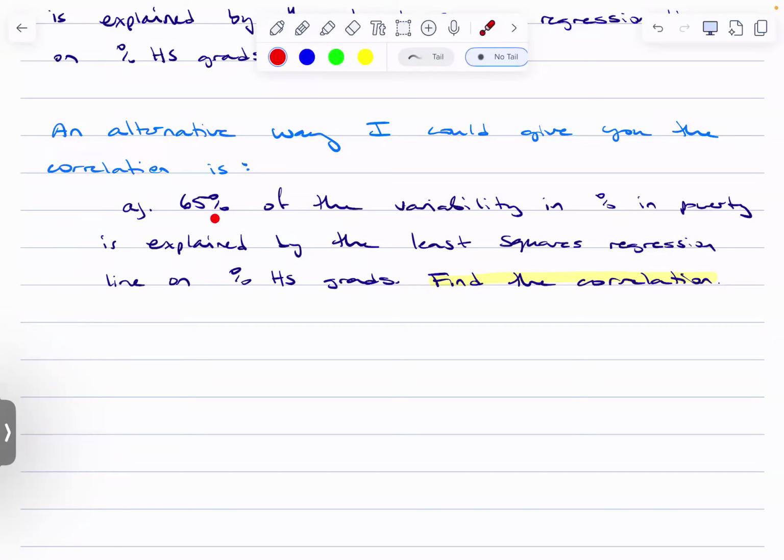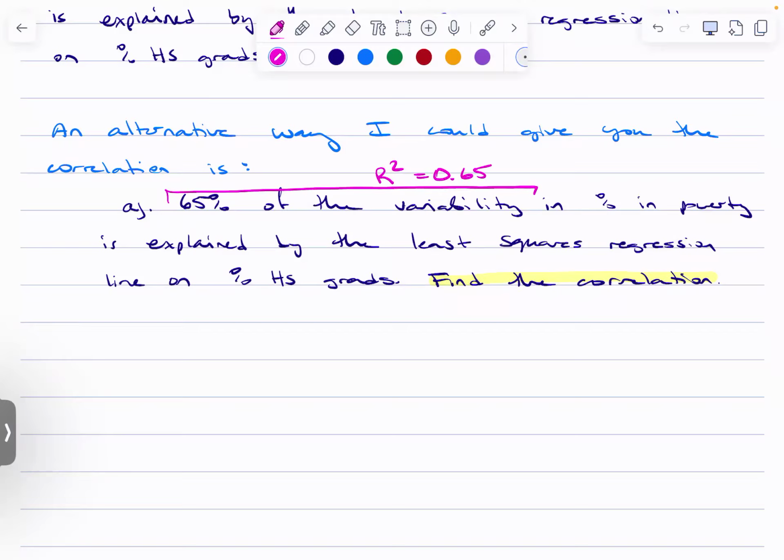As soon as you see percentage of variability, right, then I want you to think r squared. Right? And so here, what this tells me is that r squared is 0.65 as a decimal.